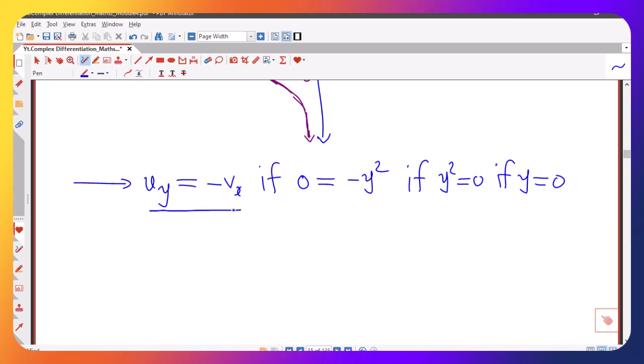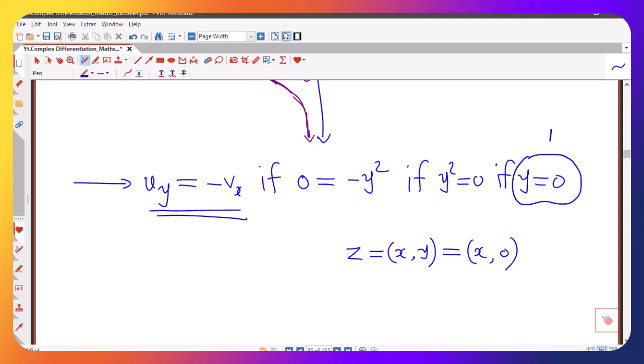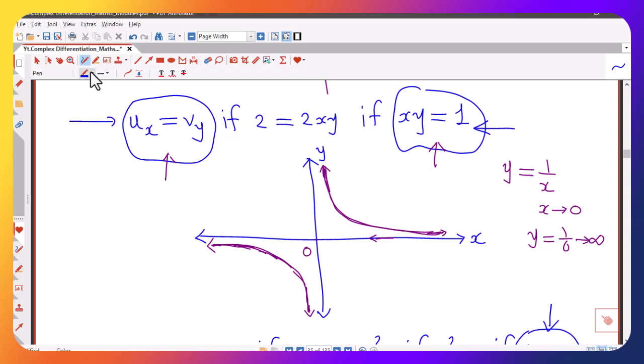This means this equation is satisfied at all those points z equal to x plus iy for which the y component is 0, and we know that all these points are on the x axis, and this y equal to 0 is the equation of the x axis. So this equation is satisfied at all points on the x axis.